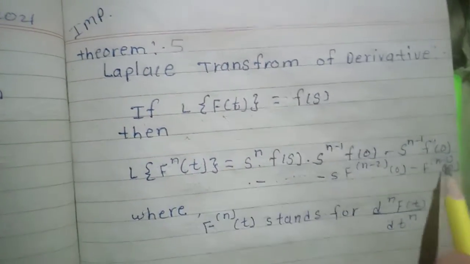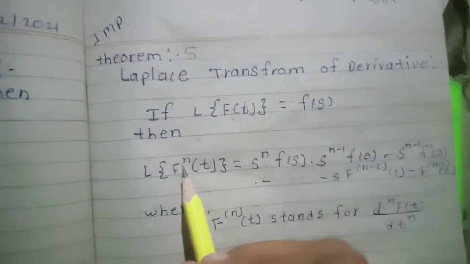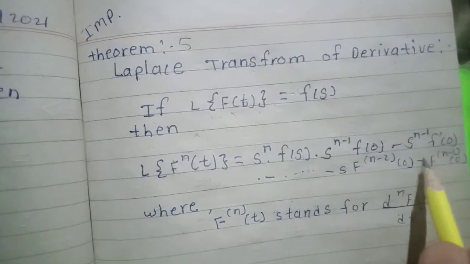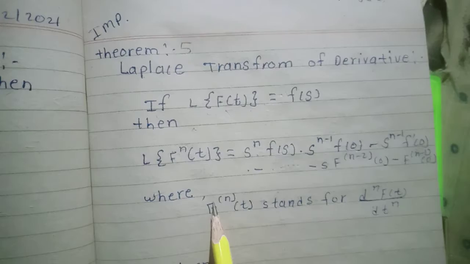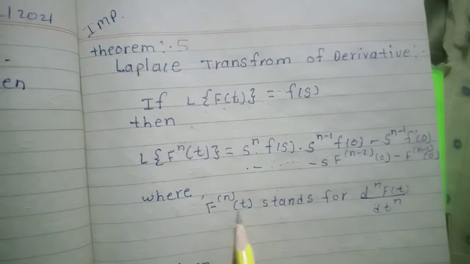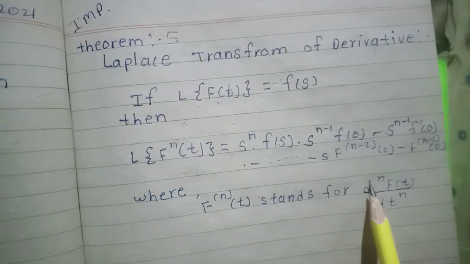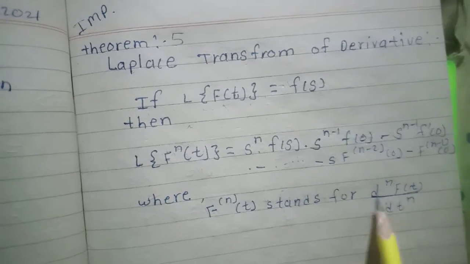Here is n, so here is n minus 1. When here is 3, so here is f square.